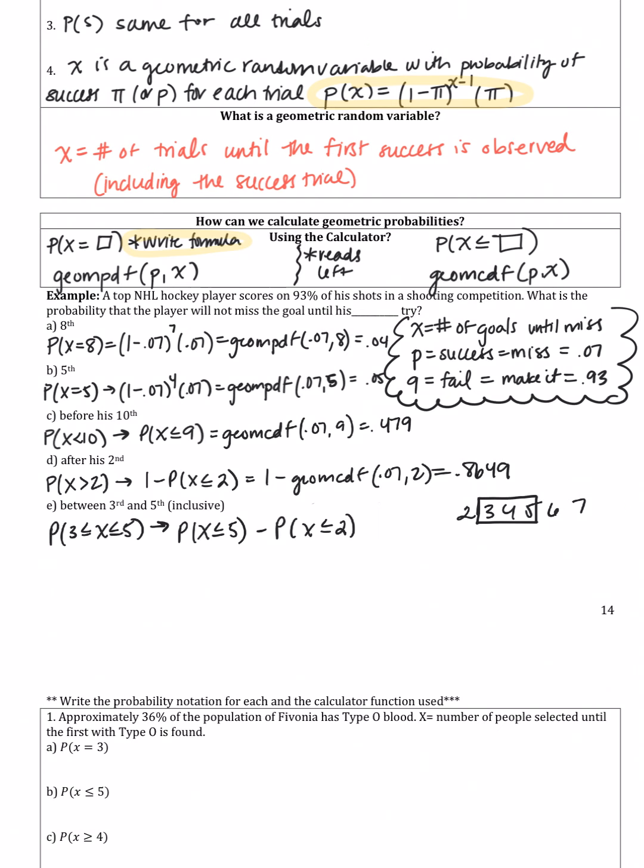So this is going to be geometric CDF 0.07 and 5 minus geometric CDF 0.07 and 2. Okay, this is approximately 0.3043, and this is 0.1351. So the probability is approximately 0.1692.